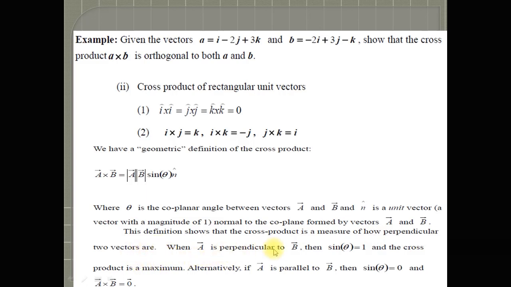When a is perpendicular to b, then sine theta is equal to 1, and the cross product is maximum. Alternatively, if a is parallel to b, then sine theta is equal to 0, and the cross product of these two vectors is also equal to 0.